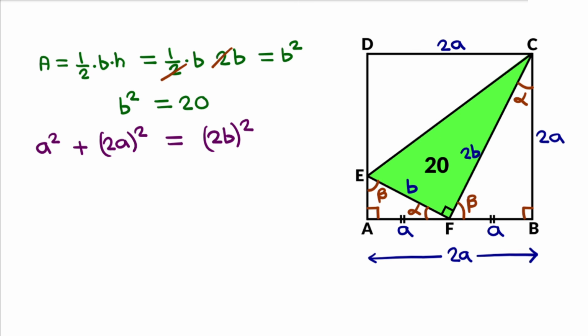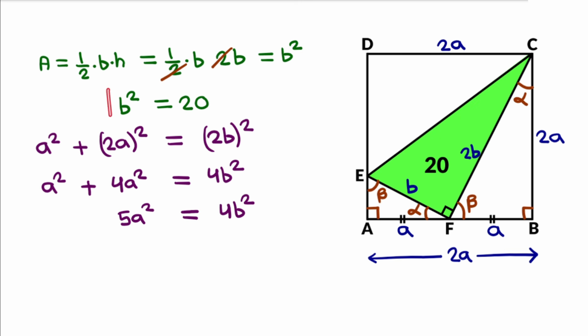Expanding everything gives A squared plus 4A squared equals 4B squared. Combine the terms on the left, 5A squared equals 4B squared.